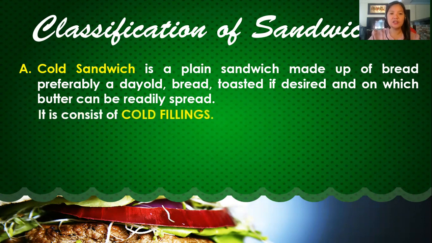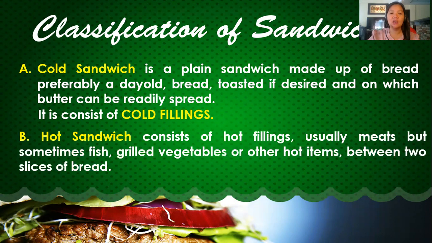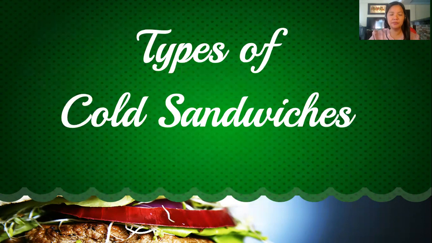It consists of cold fillings, while a hot sandwich consists of hot fillings, usually meats but sometimes fish, grilled vegetables or other hot items between two slices of bread. And take note of this, it consists of hot fillings.